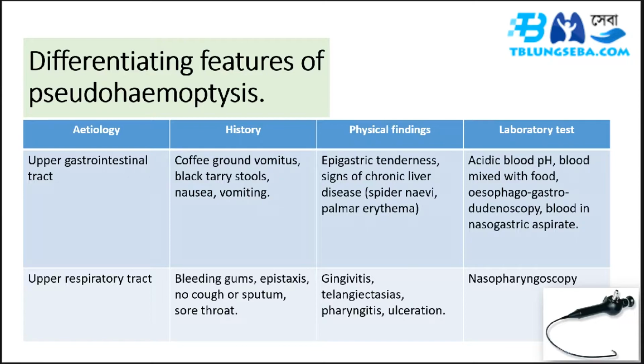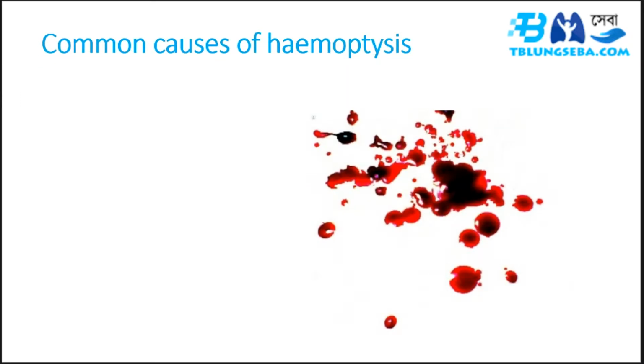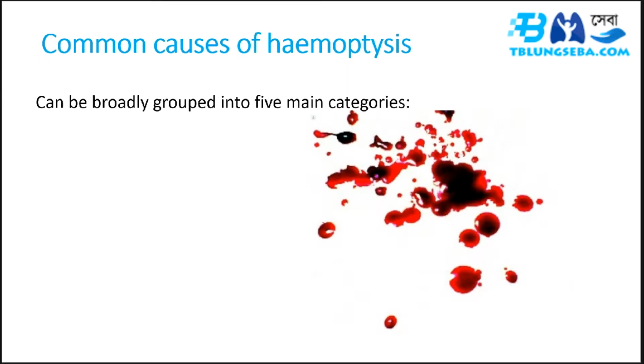Upper respiratory tract: bleeding gums, epistaxis, no cough or sputum, sore throat; gingivitis, telangiectasias, pharyngitis, ulceration; nasopharyngoscopy.